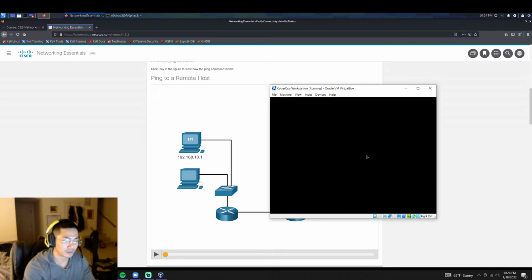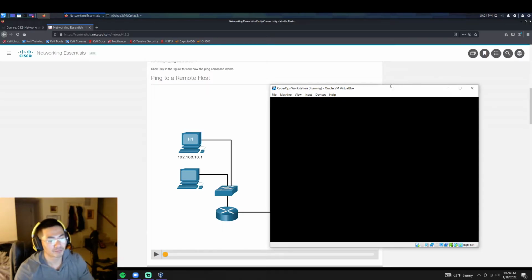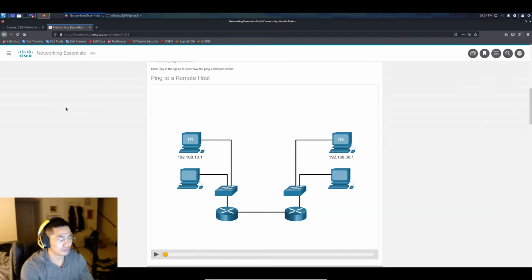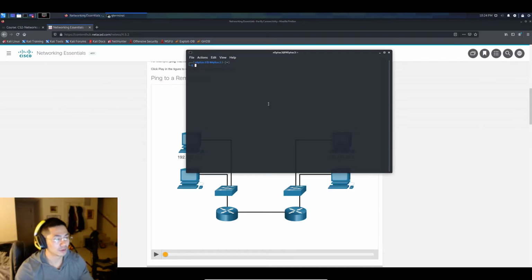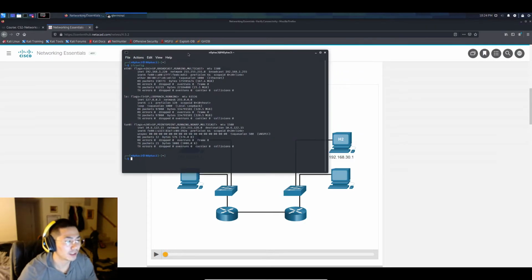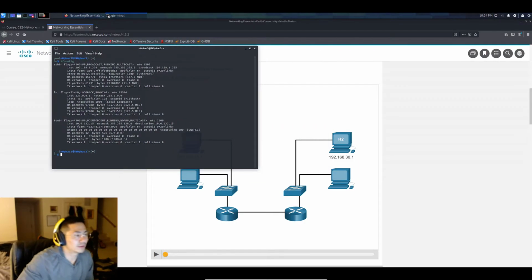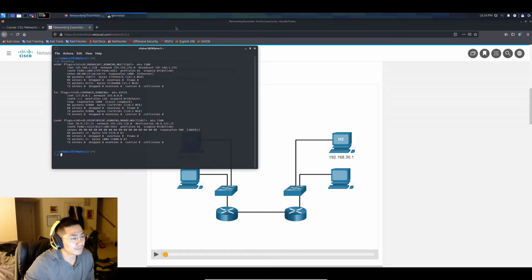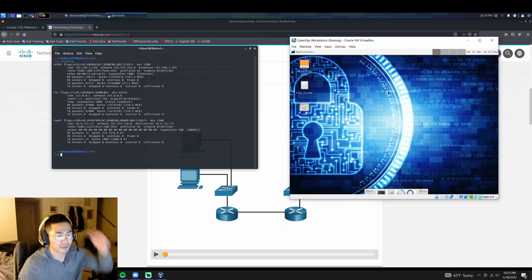All right, so here's my PC. Let me run ifconfig. My Kali machine's IP address is 192.168.1.220. And let me see my CyberOps workstation.